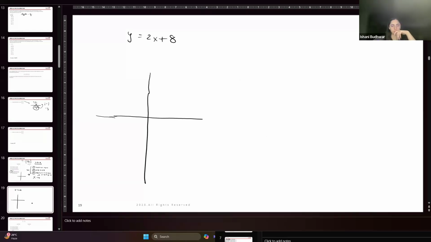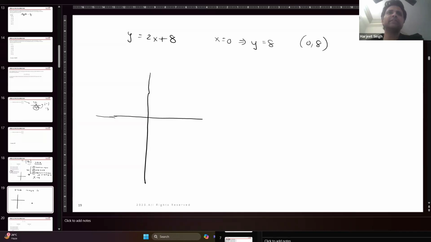So if I were to plot this, I would need x and y coordinates. So can I say when I put x equal to 0, what is y? 8. So can I say 0 comma 8 is one coordinate? Similarly, if I put y equal to 0, what is x? -4.